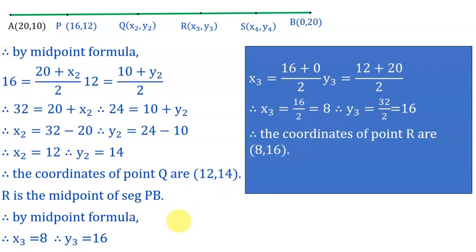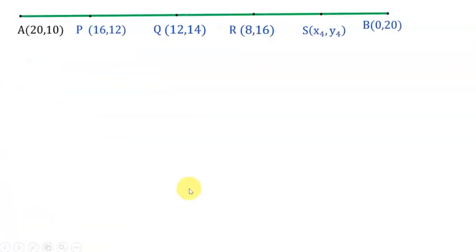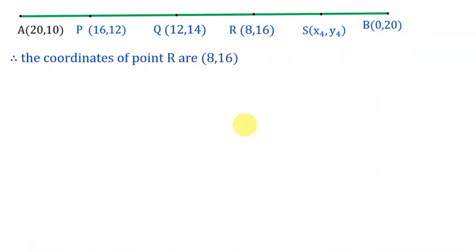Next, we also got the coordinates of R here. Okay. Now we will find out the coordinates of S. S is the midpoint of RB. The coordinates of point R are 8, 16. S is the midpoint of segment RB.